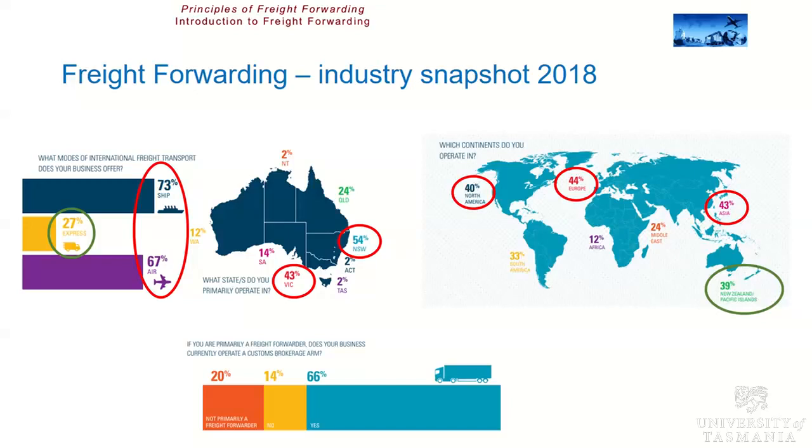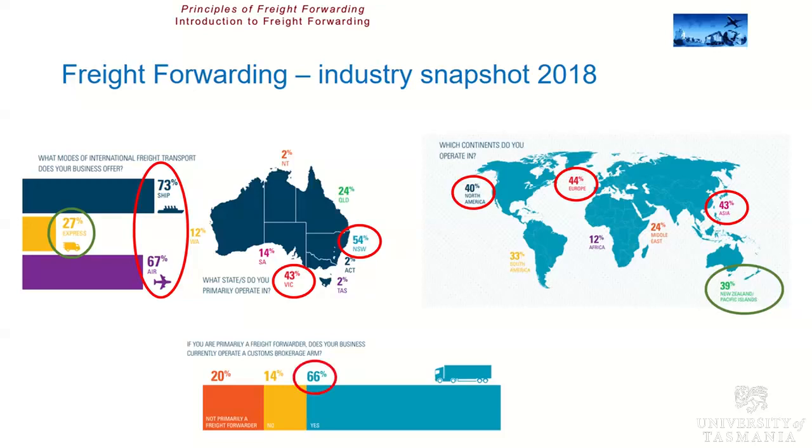And in fact, if you have a look at the number of exporters dealing with a particular location, you would find that New Zealand has the most Australian exporters dealing with that particular country, over and above any other country.